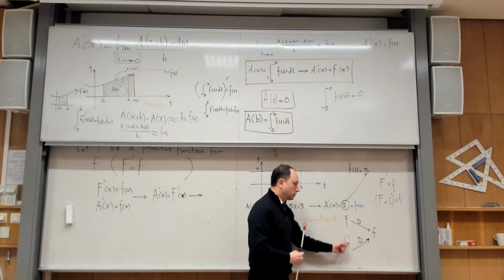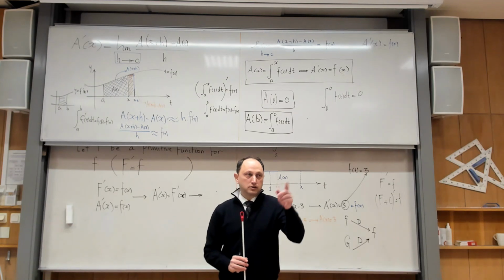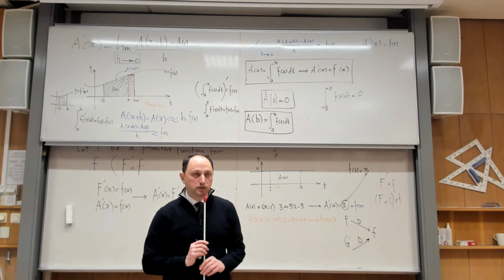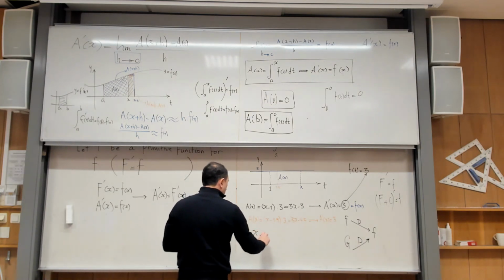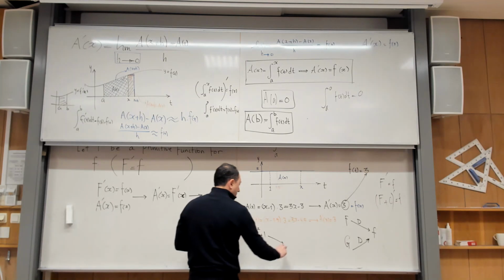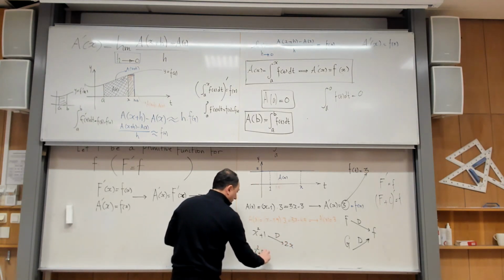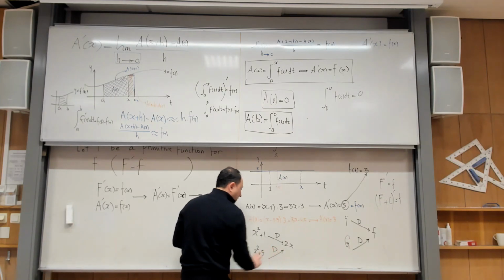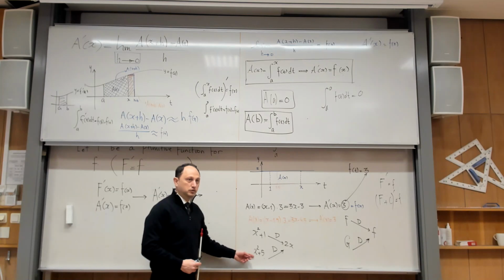What can I conclude about these two functions? They're equal? No. For example, the derivative of x squared plus 1 is 2x, and the derivative of x squared plus 5 is also 2x. But are these equal? No.